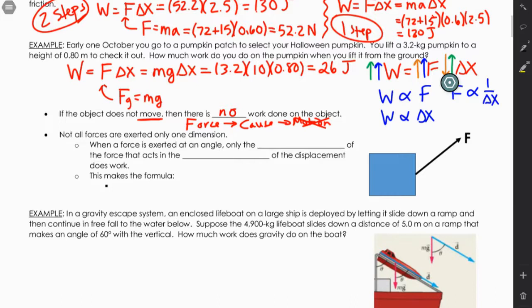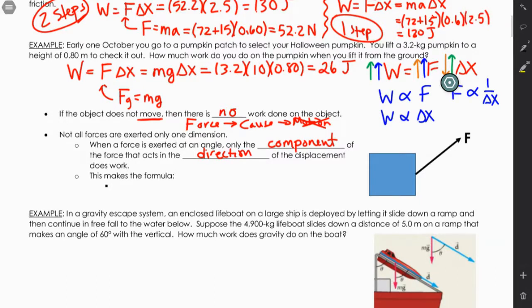Now, we know that the real world doesn't work in horizontals all the time, so not all forces are going to be exerted in one dimension. So when a force is exerted at an angle, only the component of the force that acts in the direction of the displacement is the one that's doing work, okay?